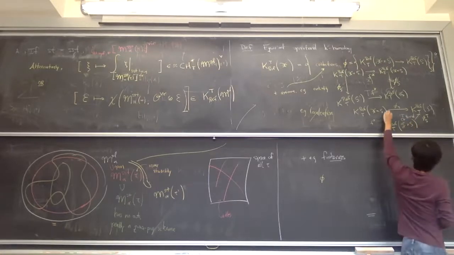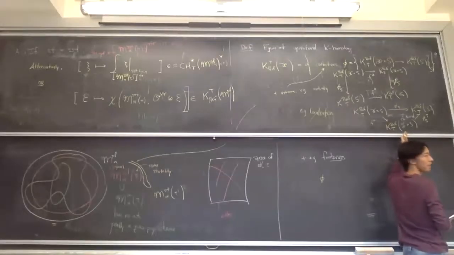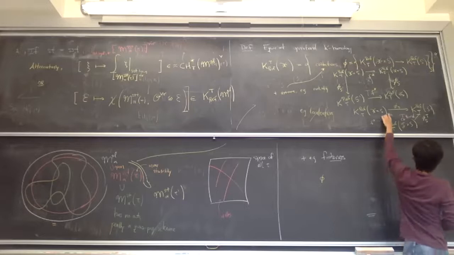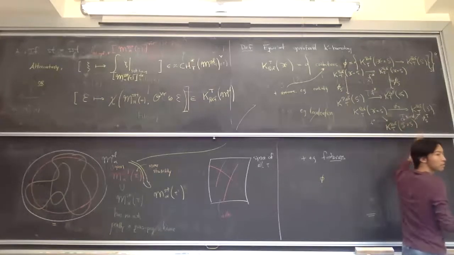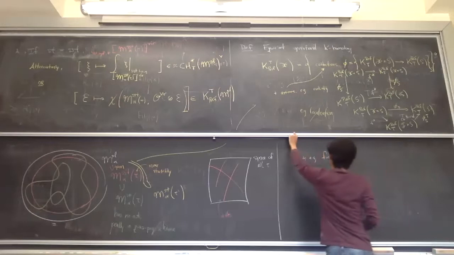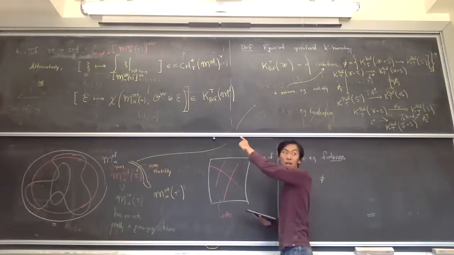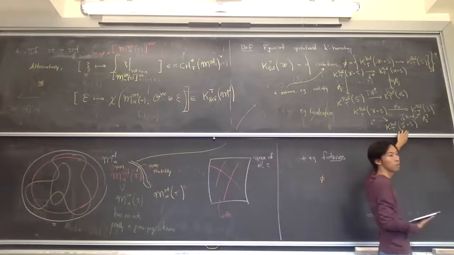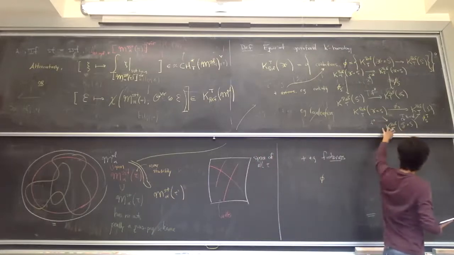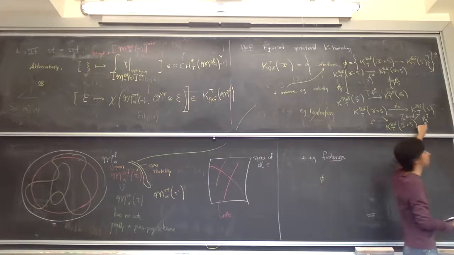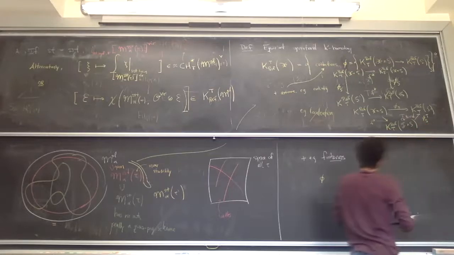So if you want, psychologically, you can add a subscript localized here, and I think that will certainly answer your question. But even more strongly, it's just not necessary. Yeah, so if we were working with the actual virtual class, of course, then here we would need some localization. But here, the denominators that you're thinking of appear in this map, I think.